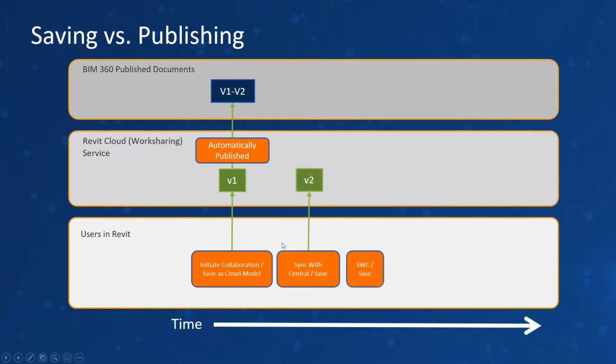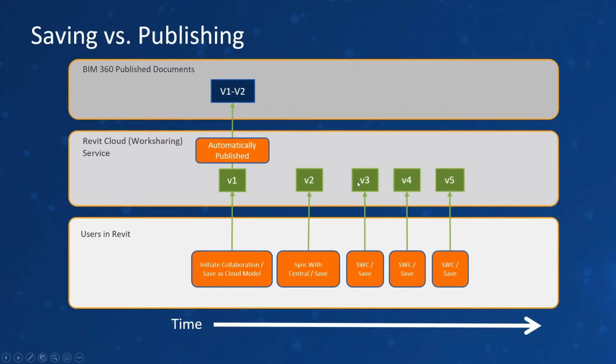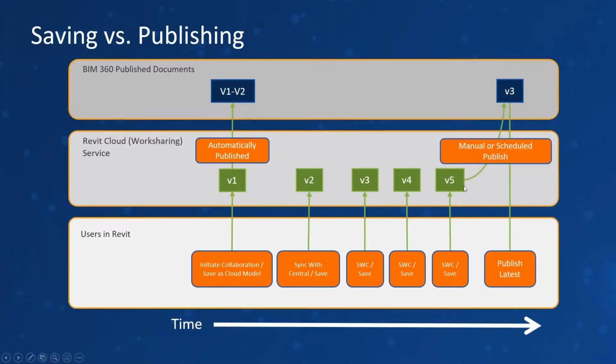After that, all those users, all those architects, save to central, save to central, save to central. They're creating invisible versions, updating the central file. It's only at some point in time that this whole team says, okay, this is good to go, and they issue a publish command. At that point in time, we're creating a visible copy inside of BIM 360 Docs, which users without the BIM 360 Design module can use.